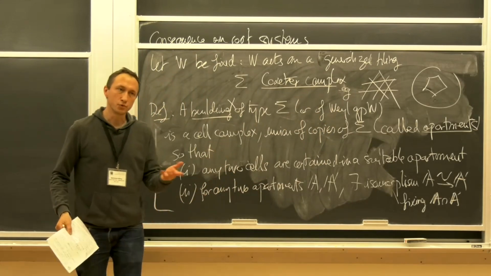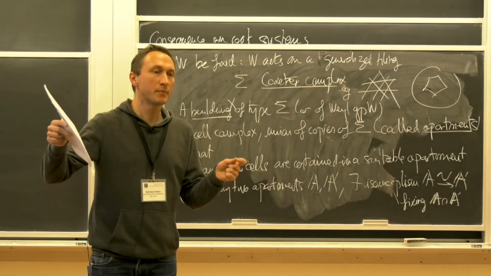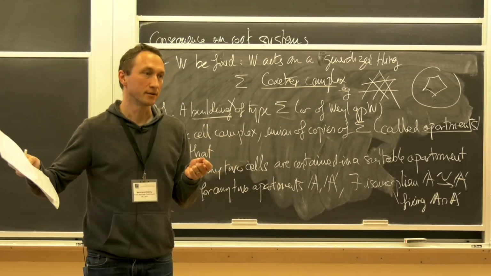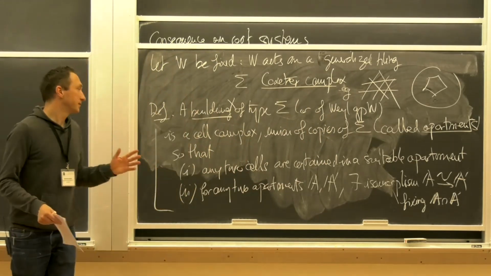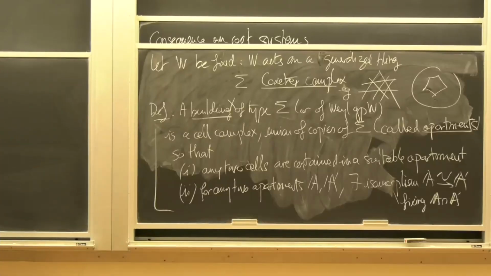And the second axiom, up to some work, will tell you that the distance you compute in any apartment containing the pair of points will be the same. So the distance is well defined. Intuitively, this is what buildings are designed for, up to having a metric motivation.